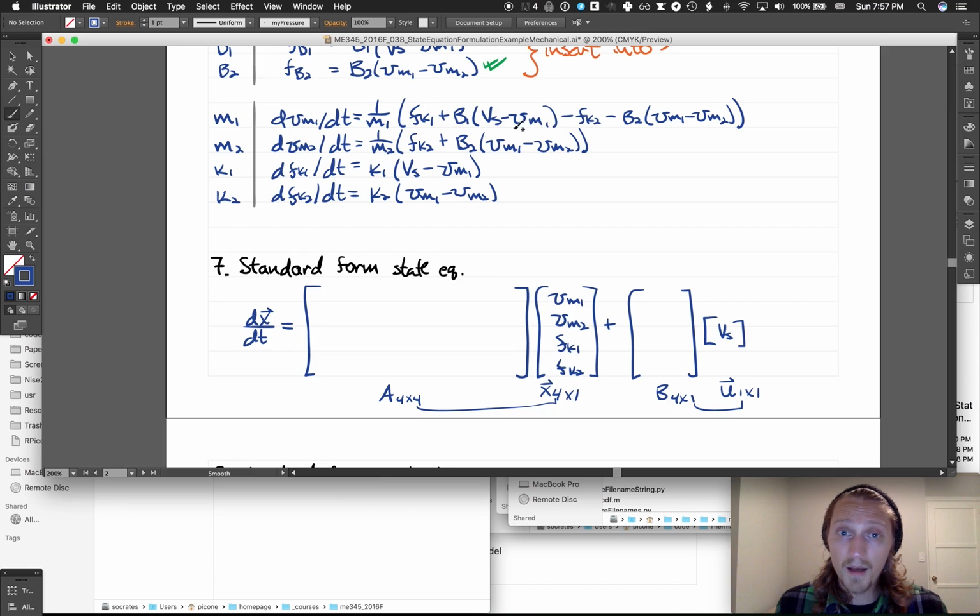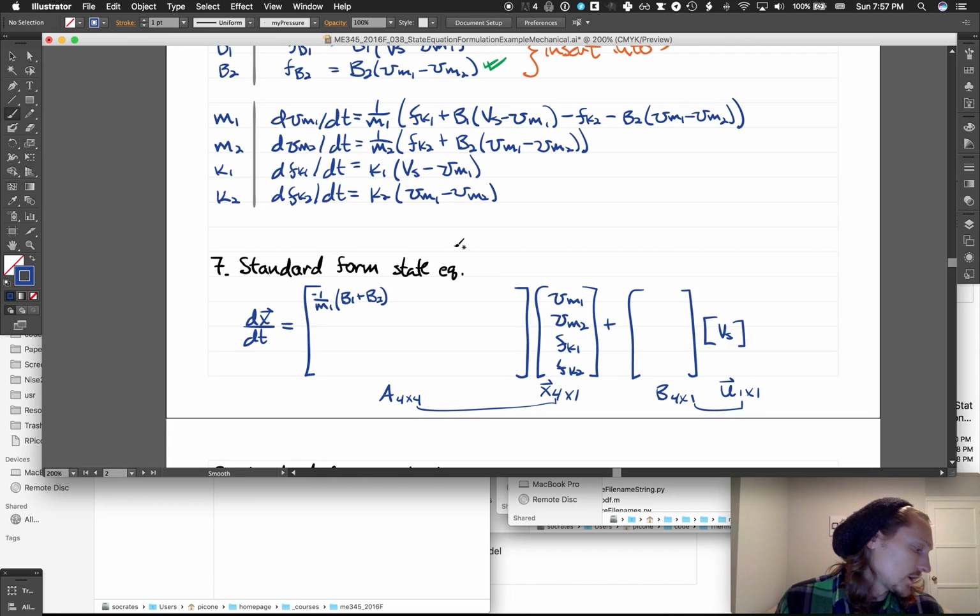Moreover, we have both of these, so this is going to have a negative sign, and this one's going to have a negative sign. So we've got negative 1 over m1 times b1, that's here, and then b2, that's here. So they're added together, b1 plus b2.